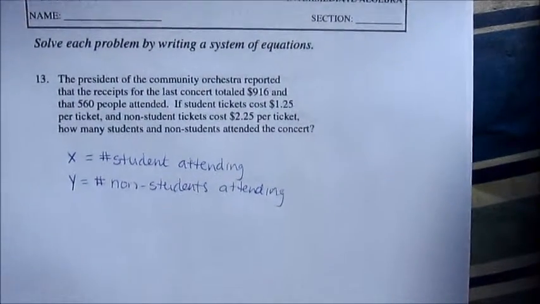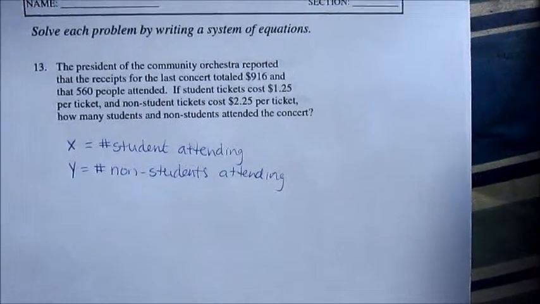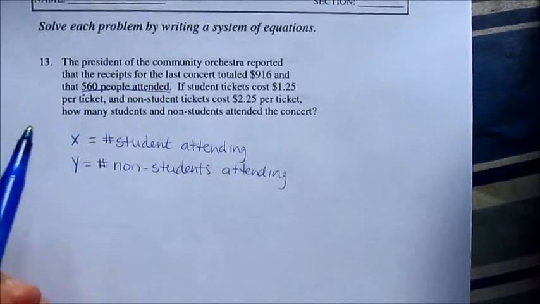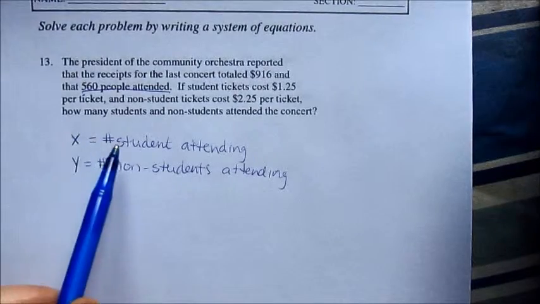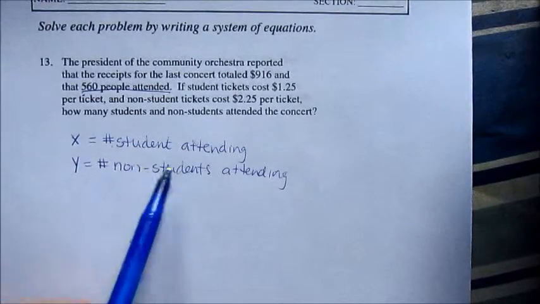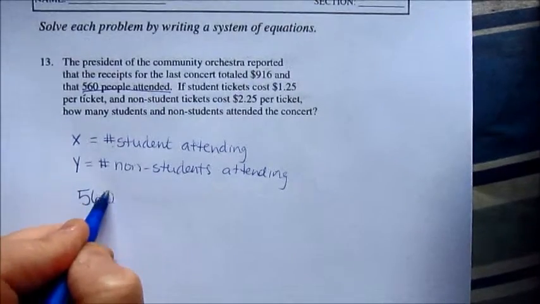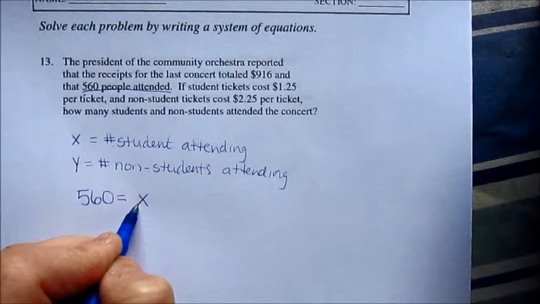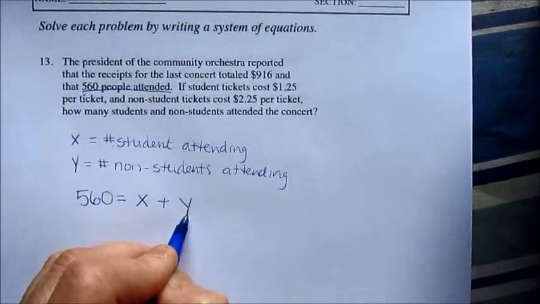Okay, we do have some information here. We know that in total 560 people attended. What does that mean? I have a variable for the students attending and a variable for the non-students attending. That means that 560 is the number of students attending and the number of non-students attending.